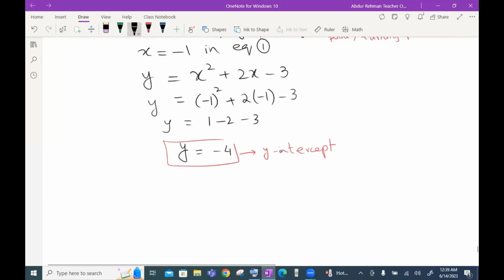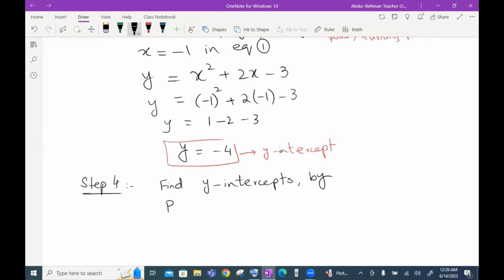So step number 4: find the y-intercept by putting x equal to 0 in equation 1.